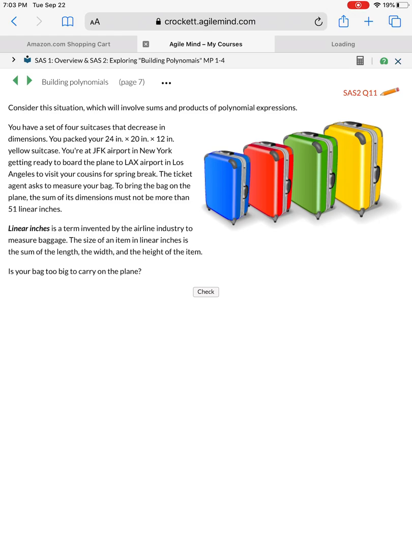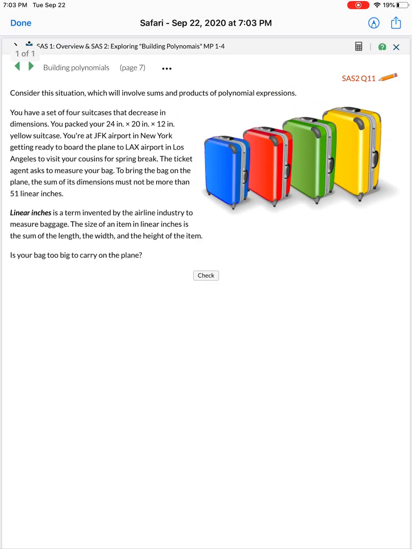The ticket agent asks to measure your bag. The question is, to bring the bag on the plane, the sum of its dimensions must not be more than 54 inches. Okay? So, is your bag too big to carry on the plane?